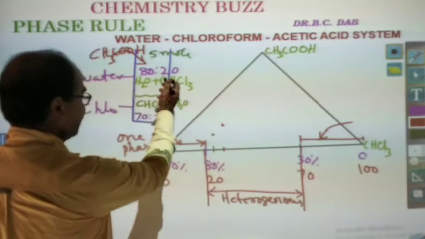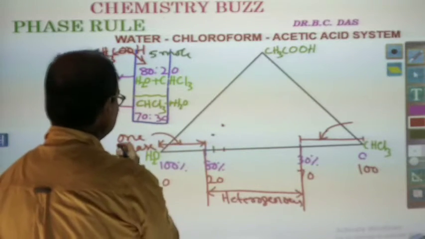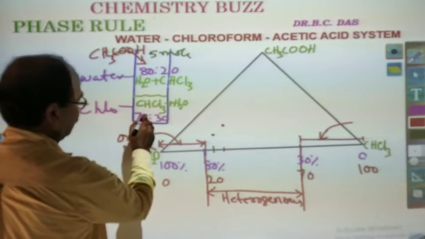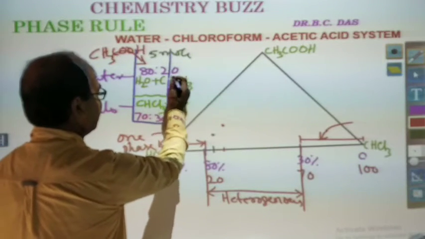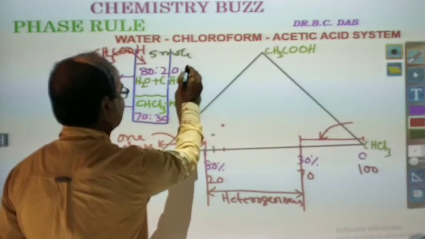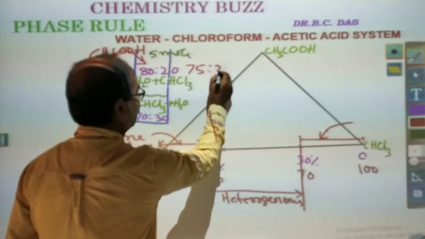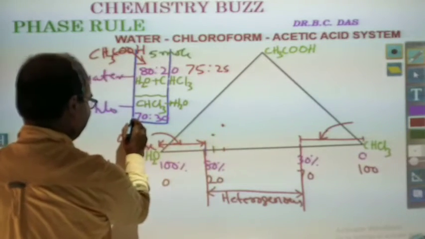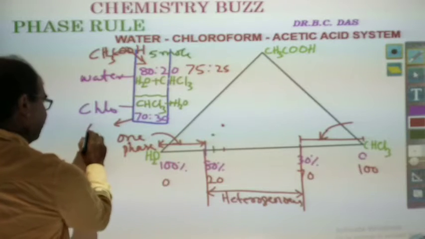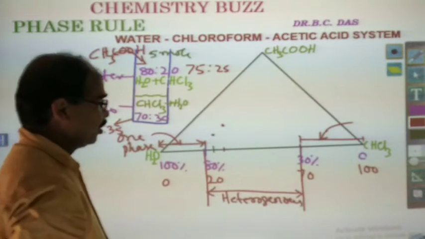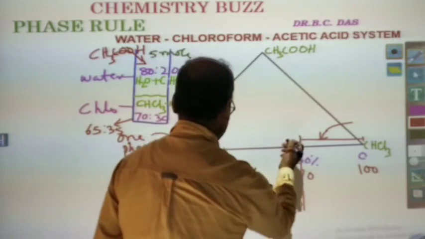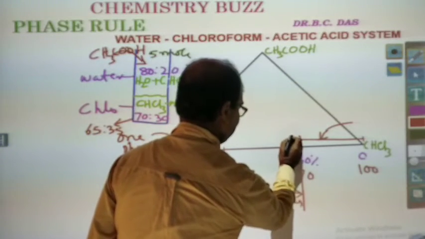So in presence of acetic acid, what happens is that the percentage composition of the water layer 80:20 may be changed to 75:25, and this may be changed to 65:35. So the mutual solubility increases here.